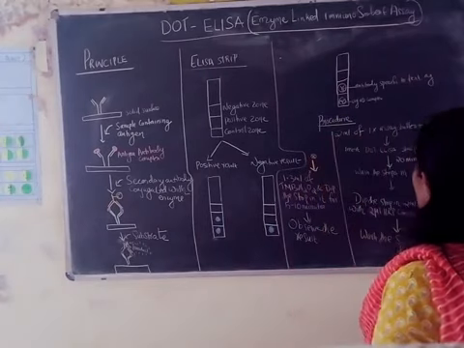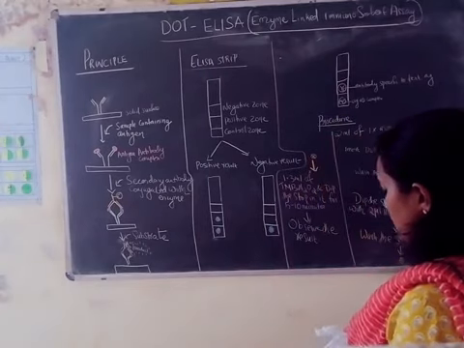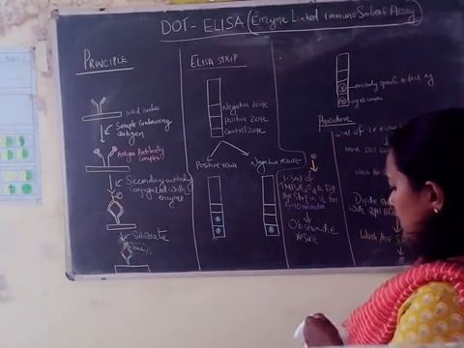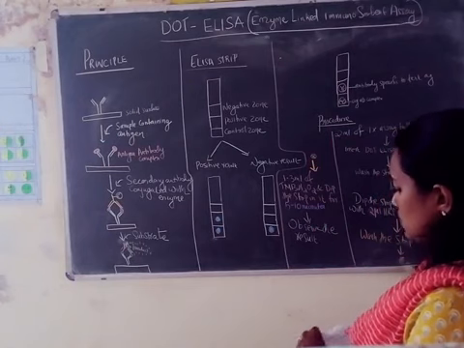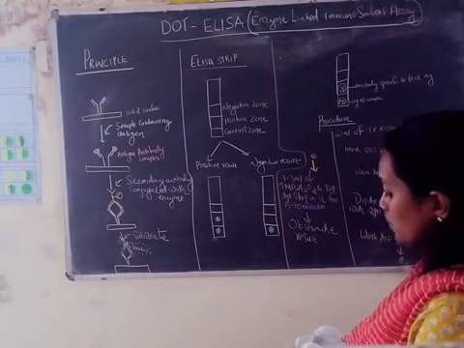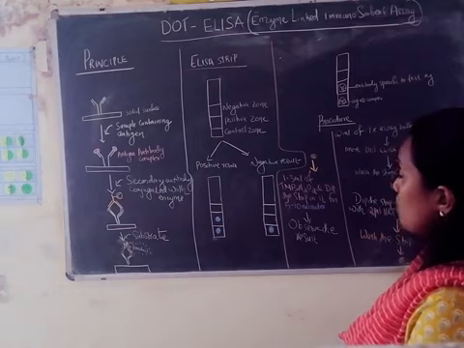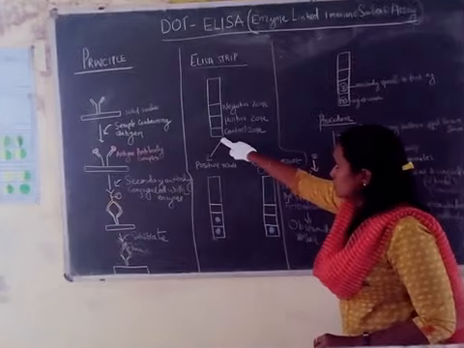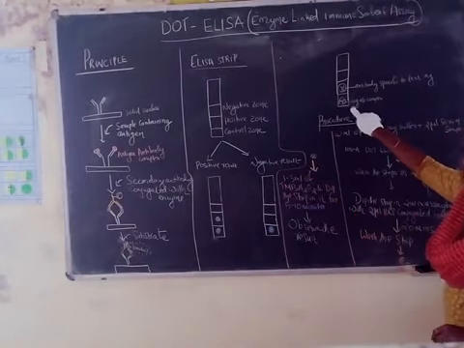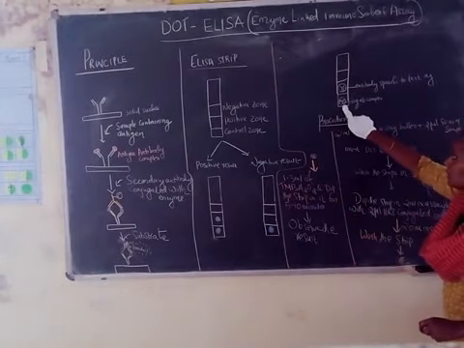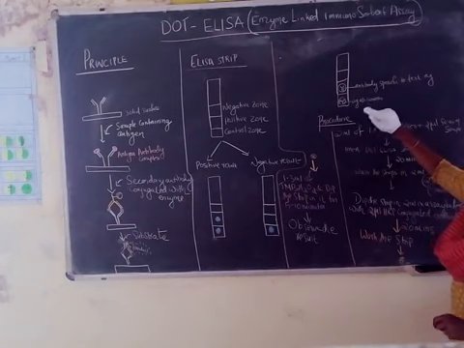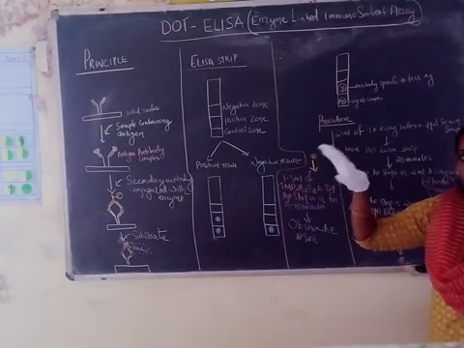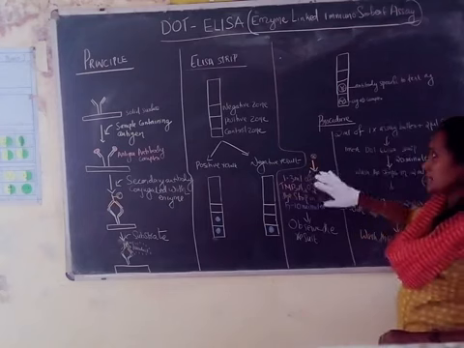In the case of the ELISA strip, in the principle I told you that the strip has an antibody which is immobilized there. This last zone is known as the control zone. You can see this diagram. In the control zone, an antigen-antibody complex is already immobilized. Clear? Try to understand the concept.